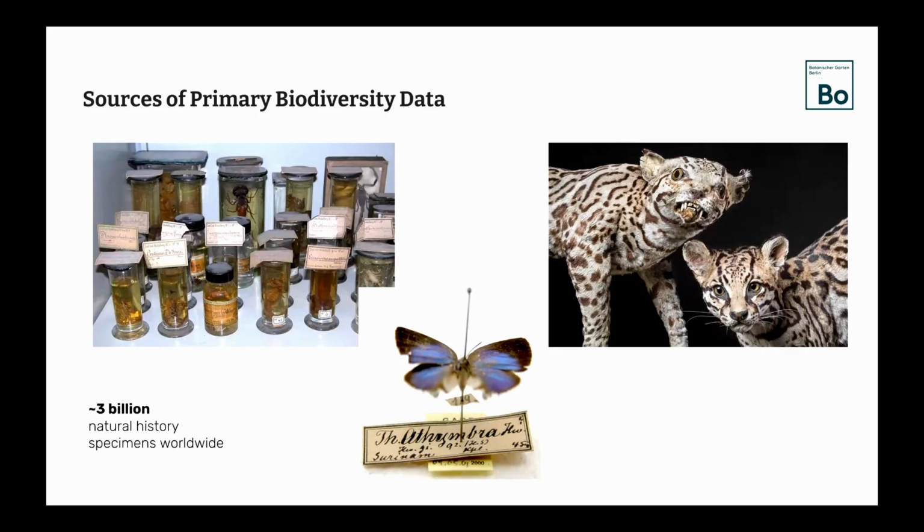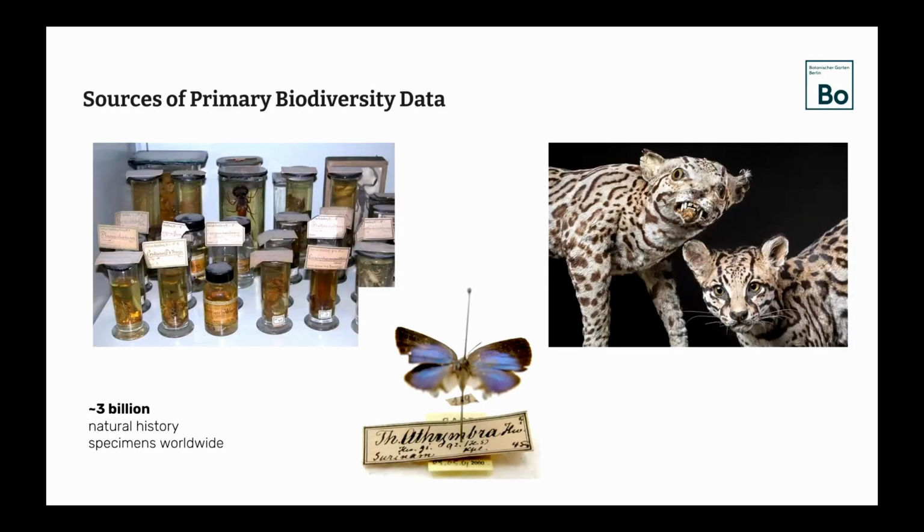There are estimates that there are about 3 billion specimens. Some go up to 10 billion. And as with the herbarium collections, only a small percentage is on display. I think the Museum für Naturkunde has about 1% or less than 1% of the objects on display. Everything else is stowed away in storage.